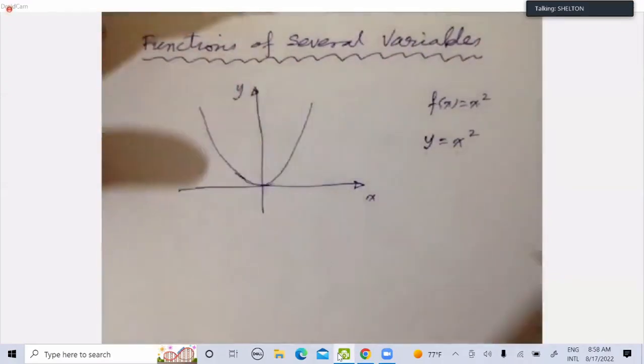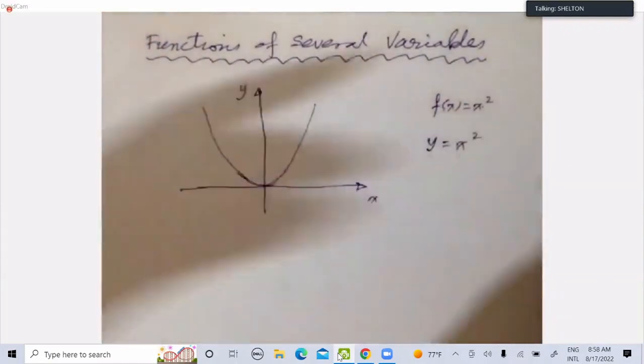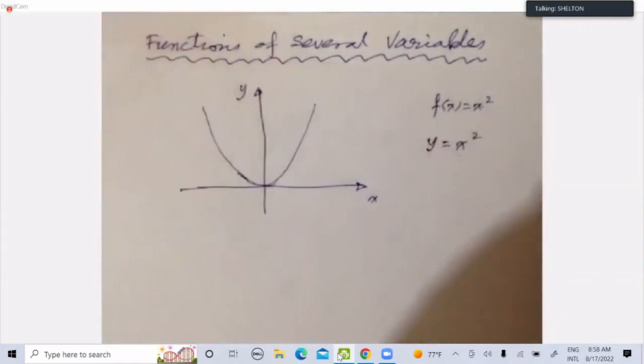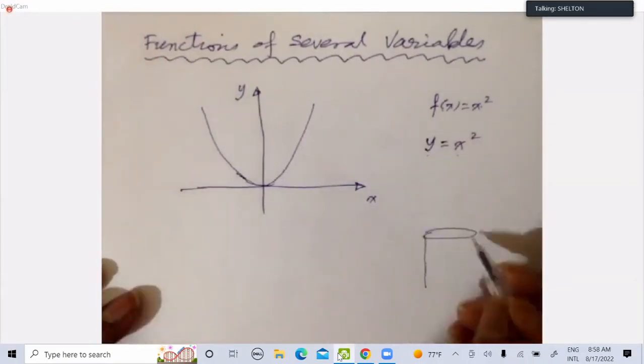Now we are going to move on to functions of several variables. That is very common. Like if you take the volume of a cylinder, it's a function of two variables.